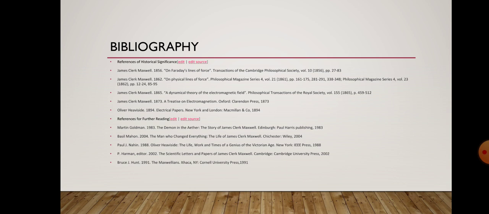Paul J. Nahin, 1988, Oliver Heaviside: Sage in Solitude. P. M. Harman, 2002, The Scientific Letters and Papers of James Clerk Maxwell, Cambridge University Press, 2002. Bruce J. Hunt, 1991, The Maxwellians, Ithaca, Cornell University Press, 1991.